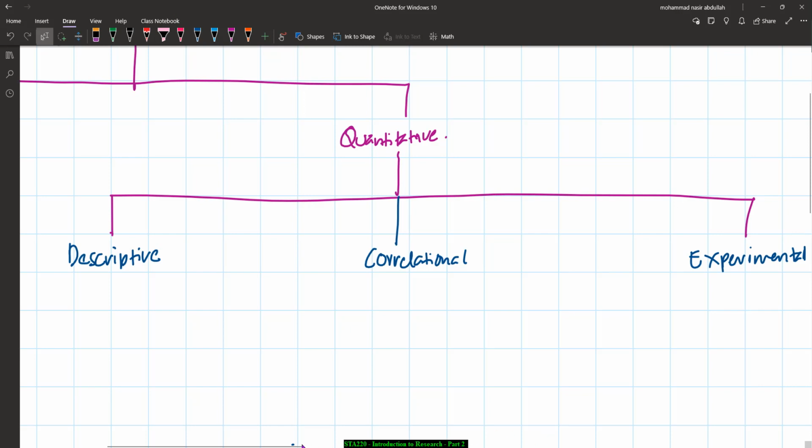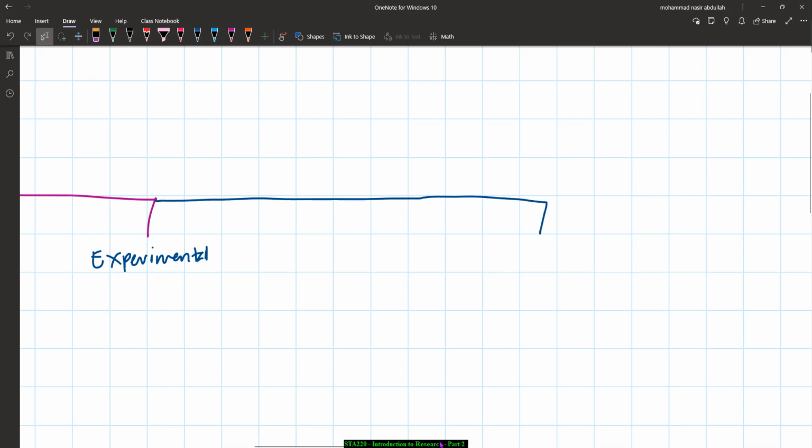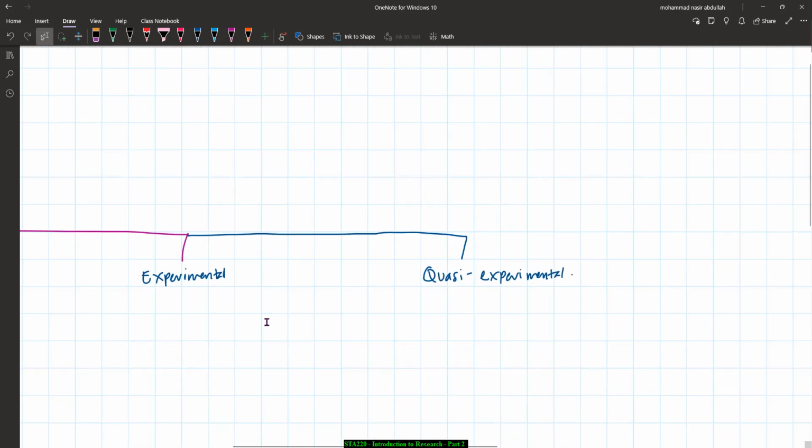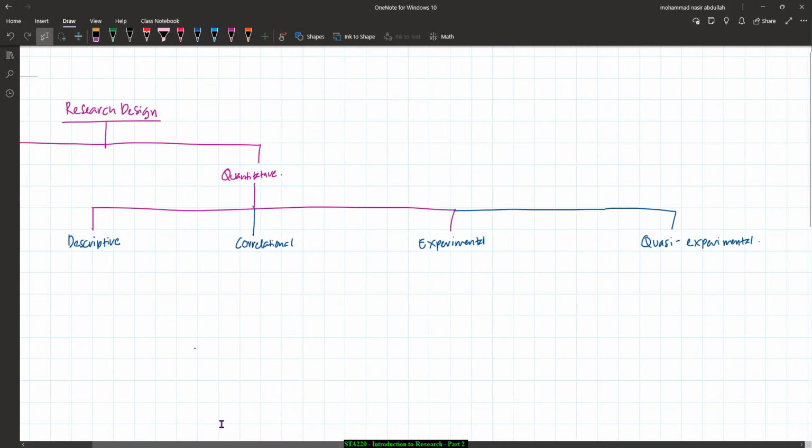Another one, the last one, we have quasi-experimental. One is quasi. Right, so basically we have 4 research designs in quantitative design.